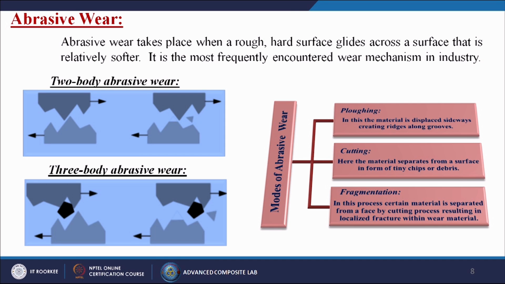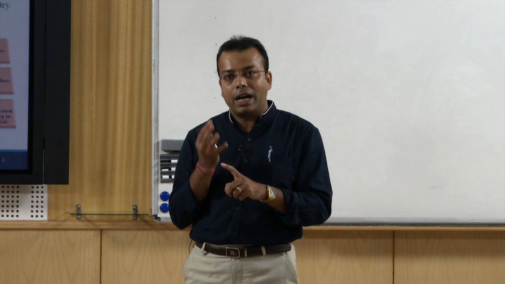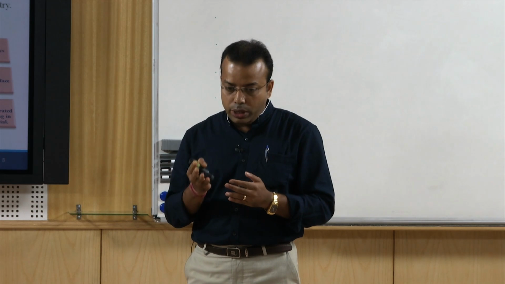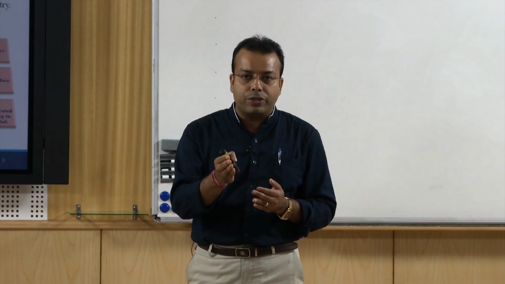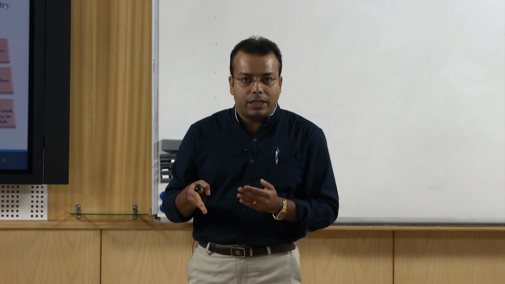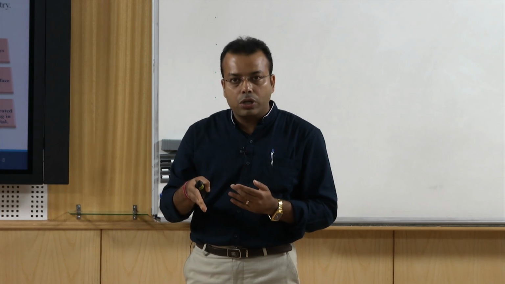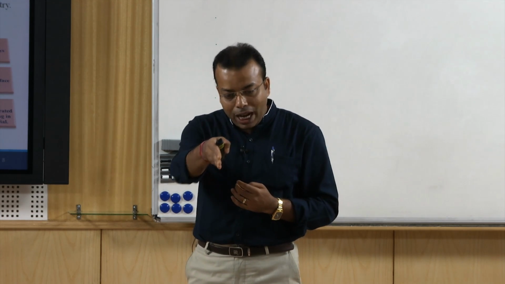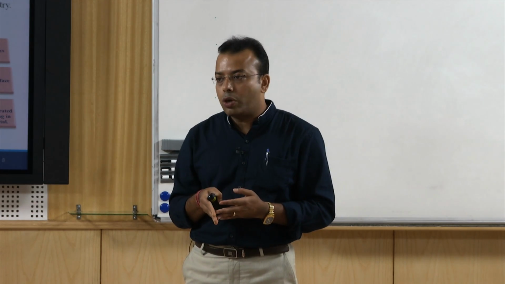The second one is called the cutting mechanism. If there are hard projections on the harder material, when it comes into contact with the softer material, it will make some cuts or holes, or some kind of sharp cutting onto the softer material.